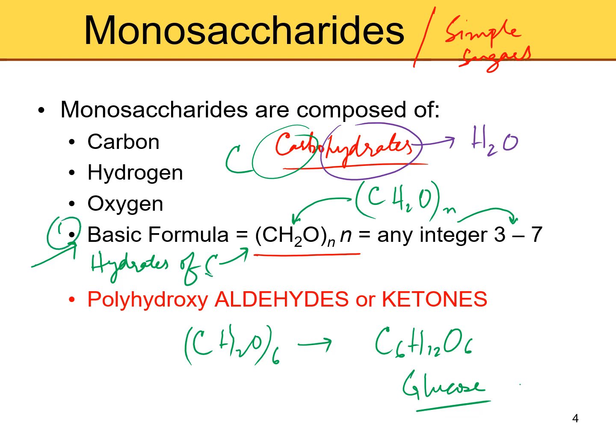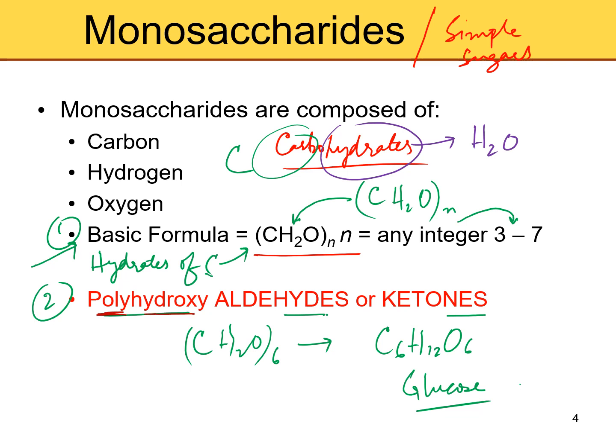The other definition, which is really important for us to understand, is that monosaccharides or carbohydrates are polyhydroxy aldehydes or ketones. They have to have many hydroxyls, not just one, and they have to be aldehydes or ketones.